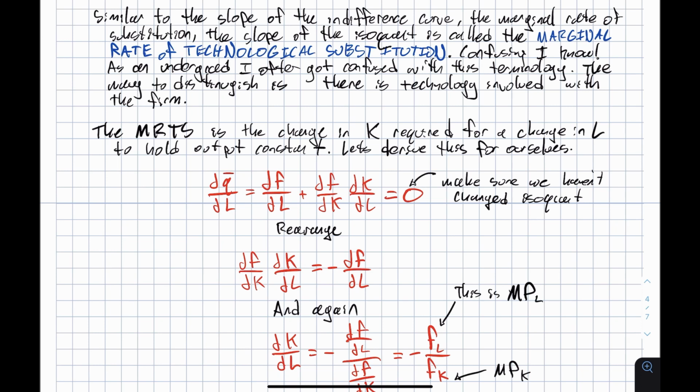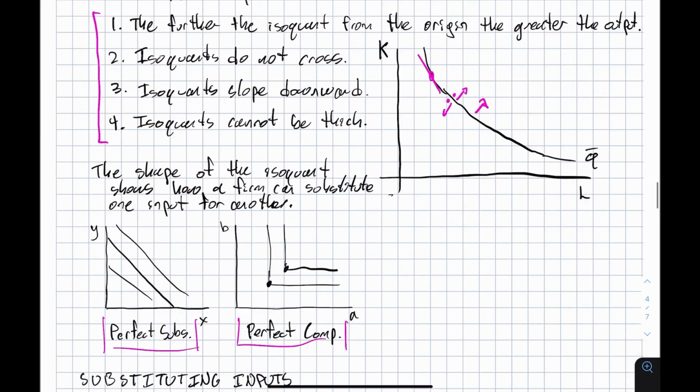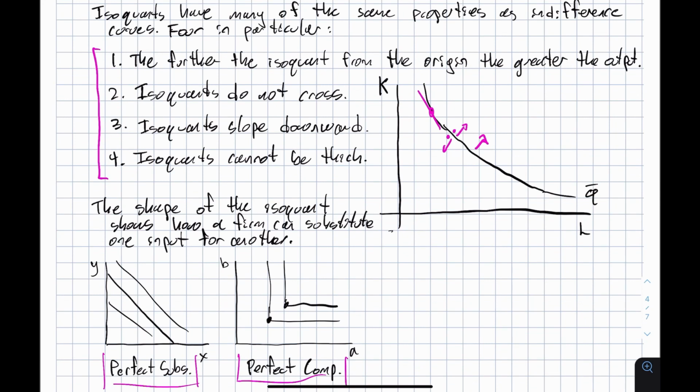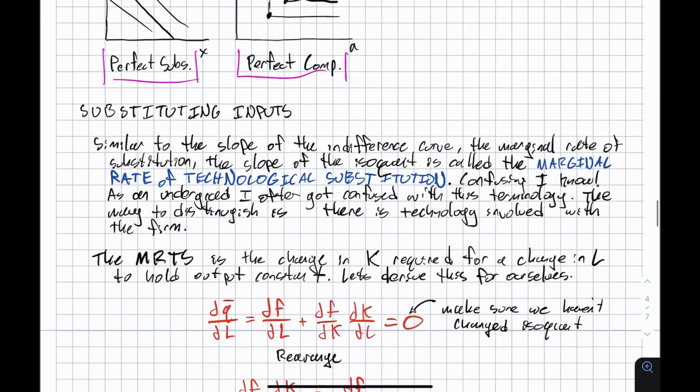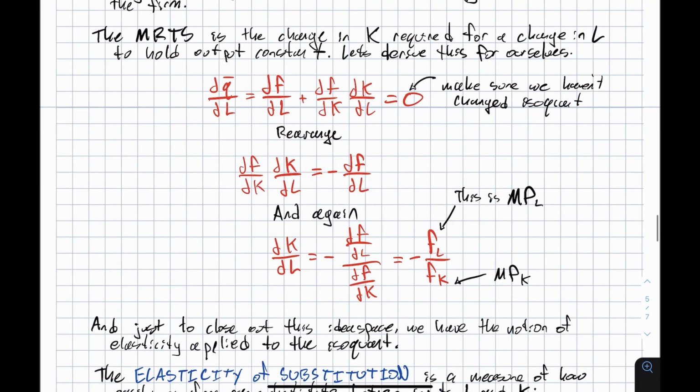So essentially, we're looking at the indifference curve for the consumer, or the isoquant for the firm, and we're saying, what's the slope? Can we characterize the slopes across all L, K combinations? And the way we do that is by taking the derivative of the production function with respect to L.